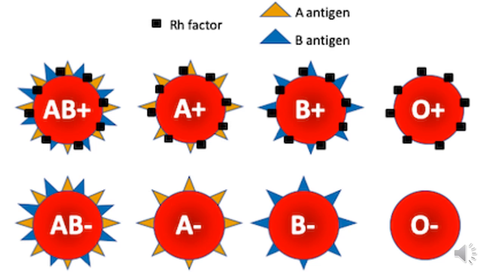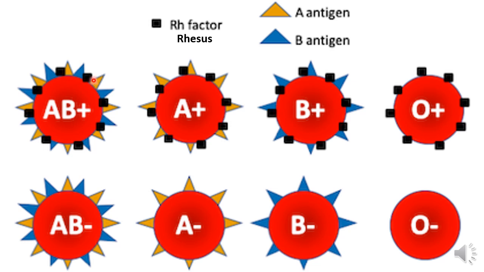So there is another factor we need to know about. We said that we have 4 main blood groups, but we also have another factor, which is the RH factor, which is another antigen like the A and B. We call it rhesus, RH. So when we have RH, we call our blood groups positive, like AB positive.